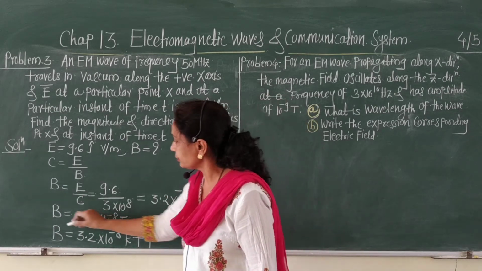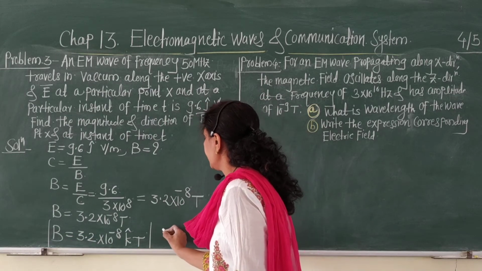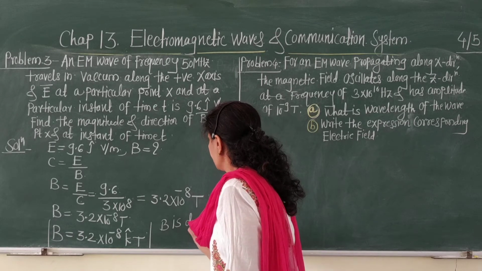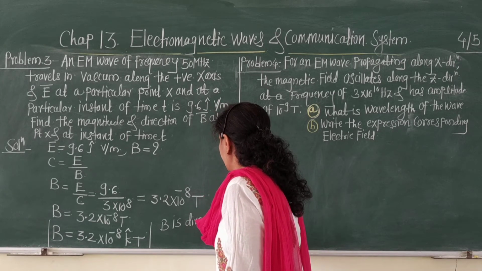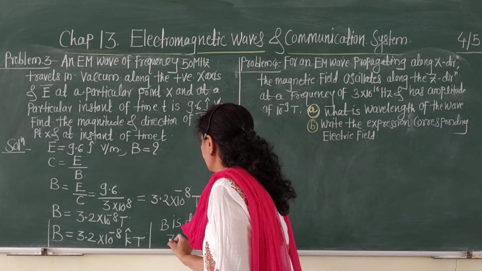Therefore, this is the magnitude, and the direction is along the z-axis. B is directed along the z-axis.